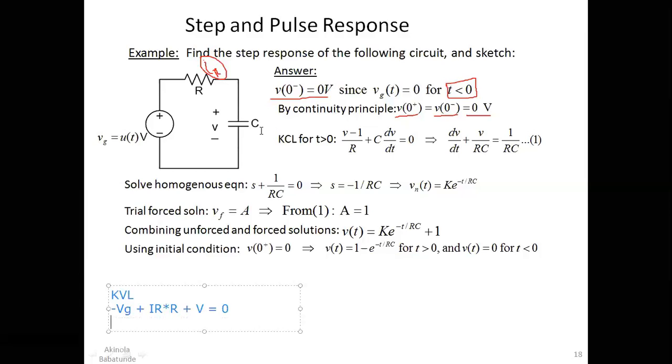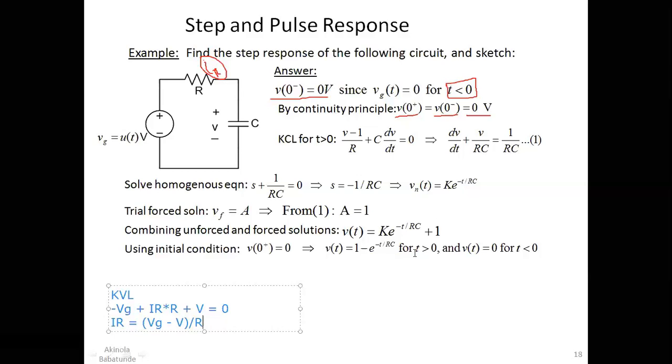If you rearrange and make IR the subject of the formula, IR will be equal to VG minus V, all divided by R. So that is the current passing through this resistor.